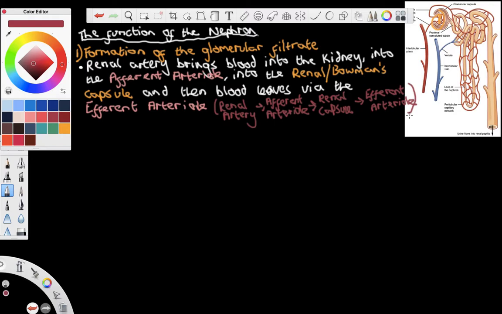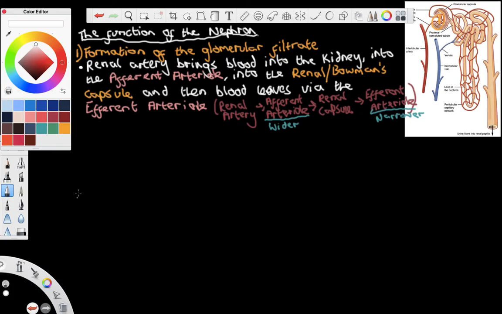Now, the afferent arteriole is wider than the efferent arteriole. So this is wider, this is narrower. What this means is that blood pools in this renal capsule because more is entering than is leaving. So the blood remains stuck in the renal capsule.